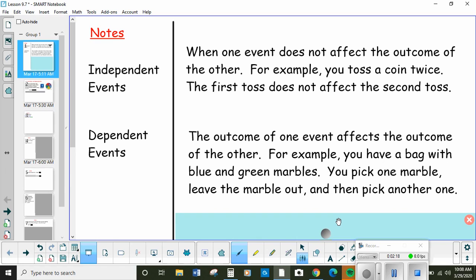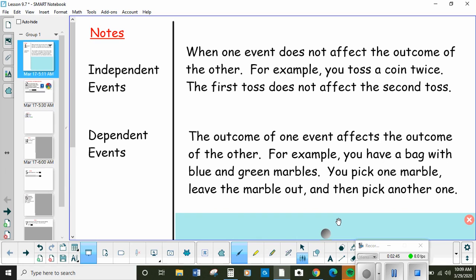You don't put it back in the bag. That's going to affect the probability of the next time you pick another marble, because the total number of marbles will change, and the total number of desired outcomes, whatever they're asking you about, will change also.